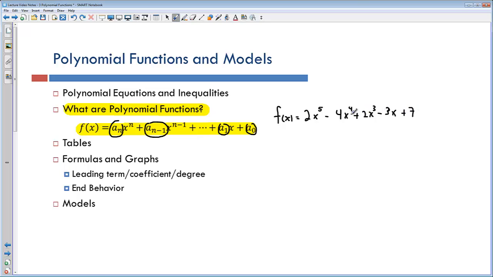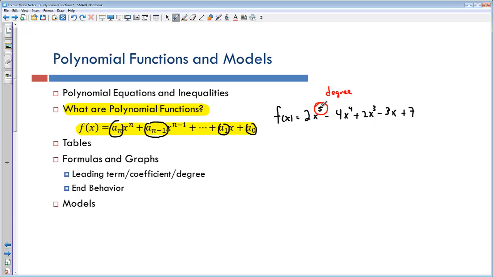Polynomials have some numbers that are very important. We talked a little bit about this when solving equations and inequalities. This number, the biggest power, is called the degree. And it gives us some nice information about the polynomial. In particular, if you want to find the number of zeros, it tells us there are basically 5 zeros.